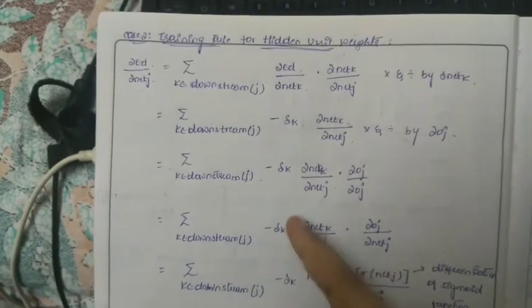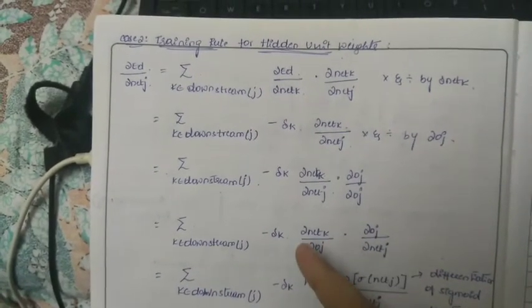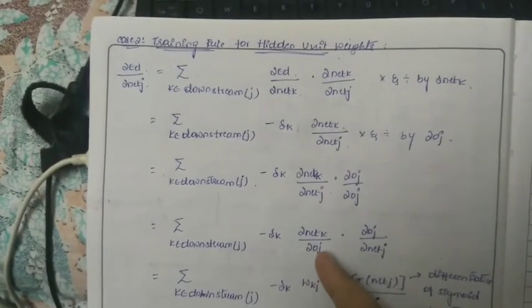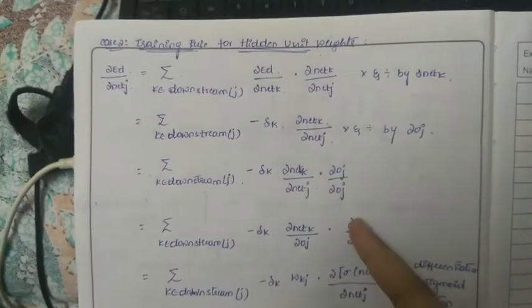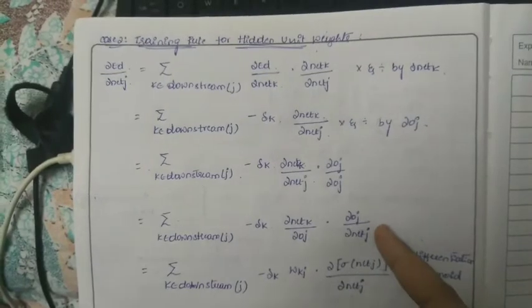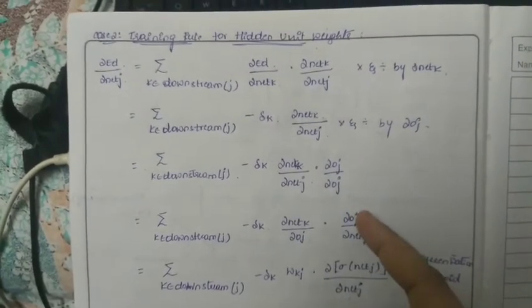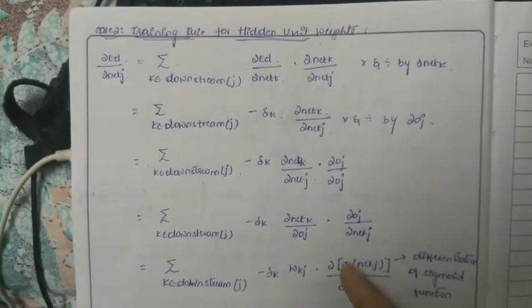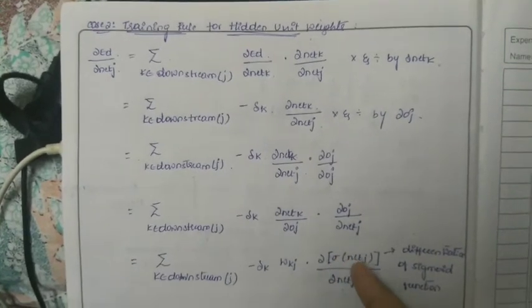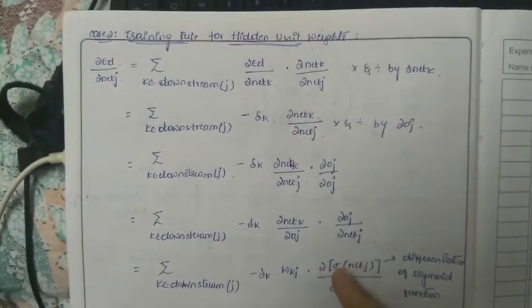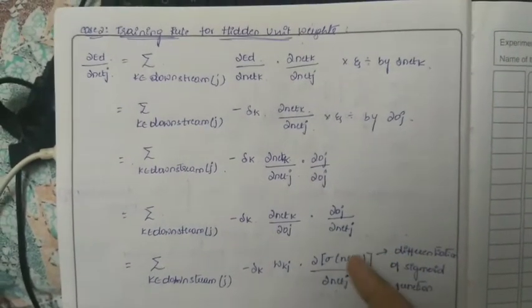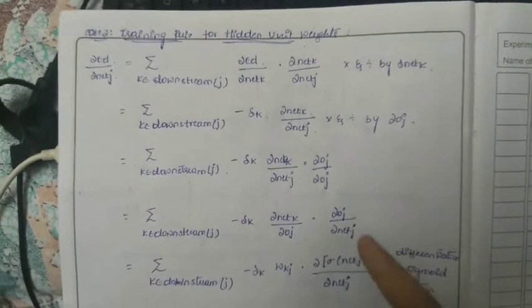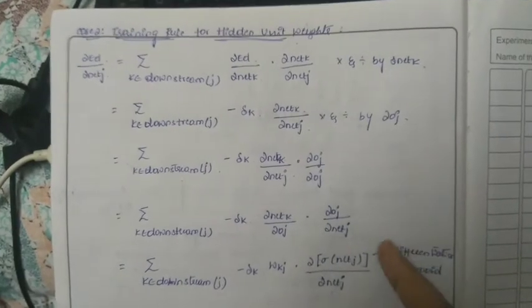So this remains the same. Delta net k divided by delta Oj is nothing but the weight, and delta Oj divided by delta net j: we know that Oj is the sigmoid function of net j. When we differentiate a sigmoid function, we get the sigmoid of y into 1 minus the sigmoid of y.